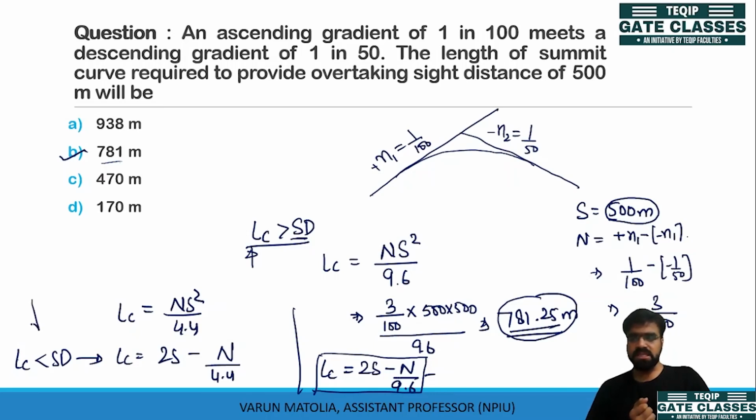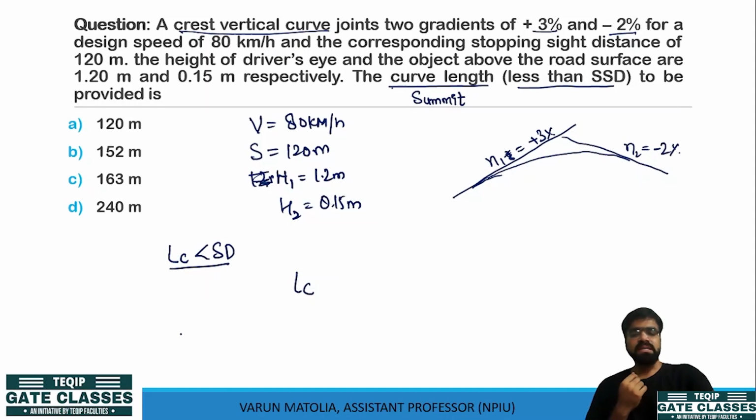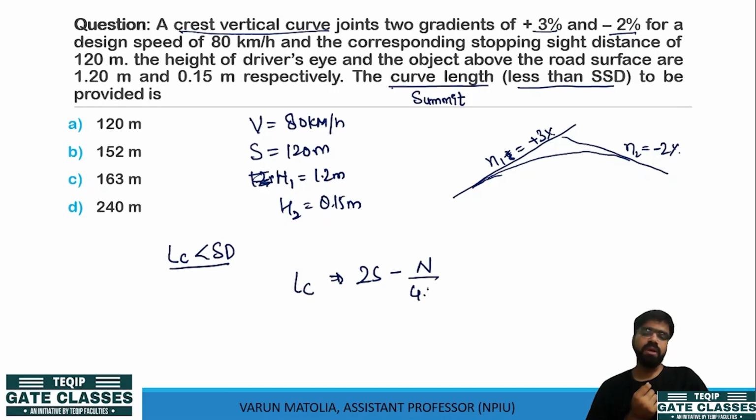So the formula applicable here is, we had already seen the formulas, the ones for when the length of curve is less than your SSD. Let us write here, length of curve is equal to 2S minus (4.4/N). Let us calculate the value of N. N is N1 minus N2. Here it is 3% minus (minus 2%), that is 5%.